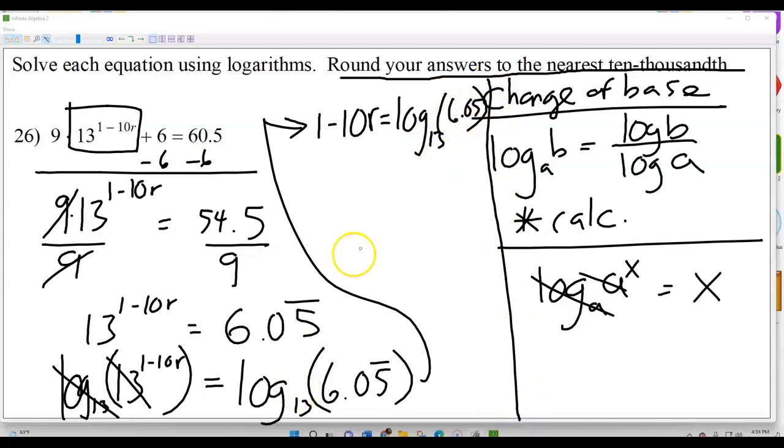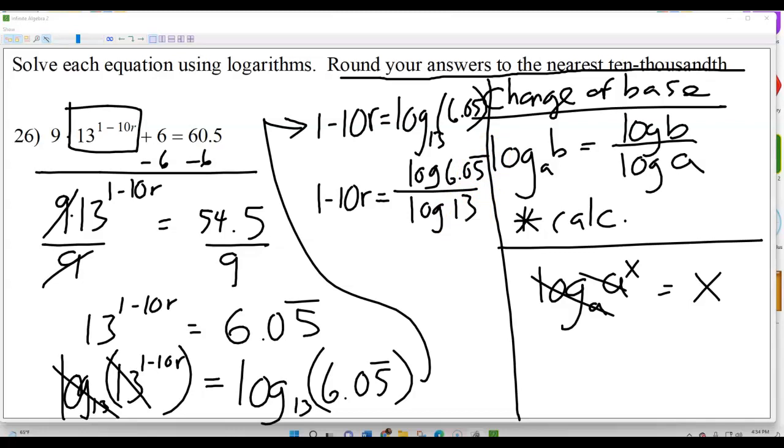Okay, now on the right side, we're going to use the change of base to simplify this, and we're going to use our calculator. So it's going to be 1 minus 10r, and instead of log base 13, we're going to use log base 10 on the top and on the bottom. On the top, the number in parentheses is going to go up there, and the number on the bottom is the base that we originally had, which is 13.